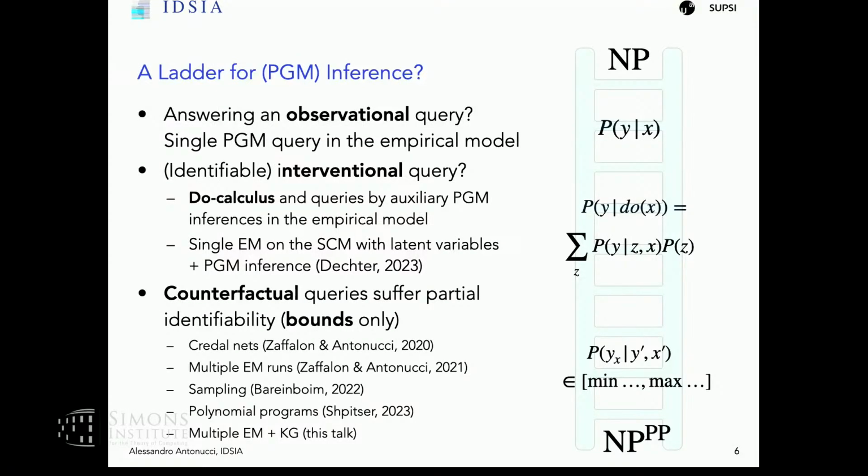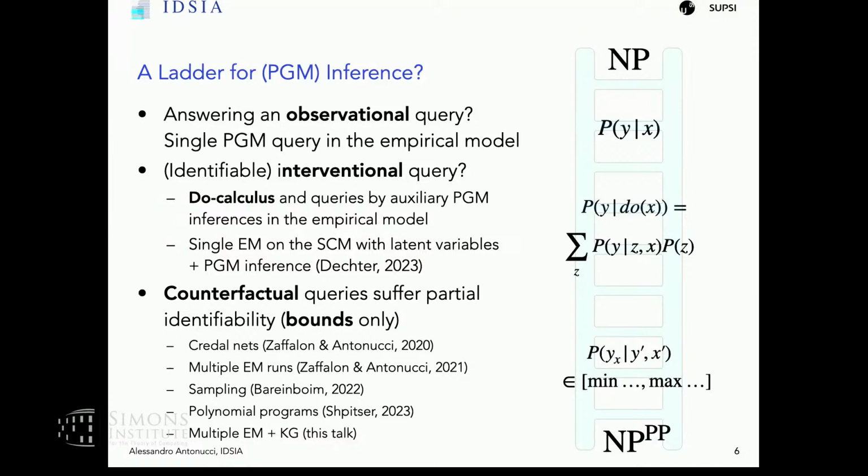So for an observational query, we have observational, empirical data, we learn a Bayesian network, and we just compute a single inference to answer an observational query, updating or whatever. Say that we are interested in intervention, say that there is a special class of interventional queries that can be somehow reduced to standard queries in a Bayesian network, which are the so-called identifiable queries.